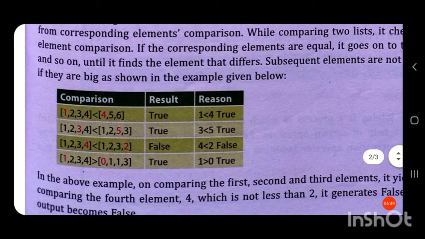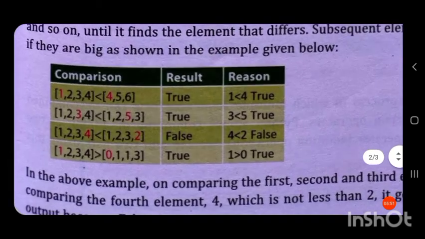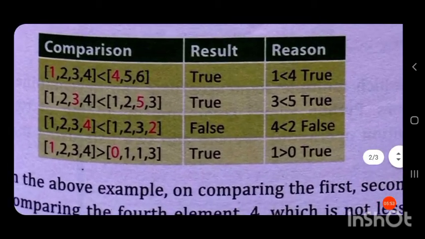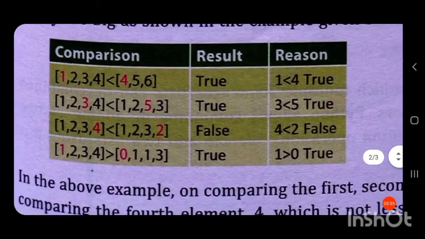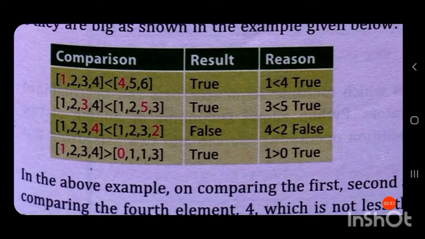Now let us consider these comparisons. So here we have two lists. The first one contains 1, 2, 3, 4, and another list contains 4, 5, 6.